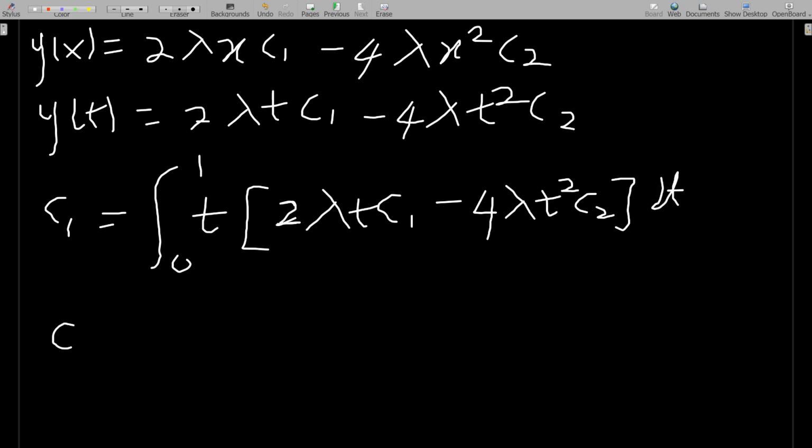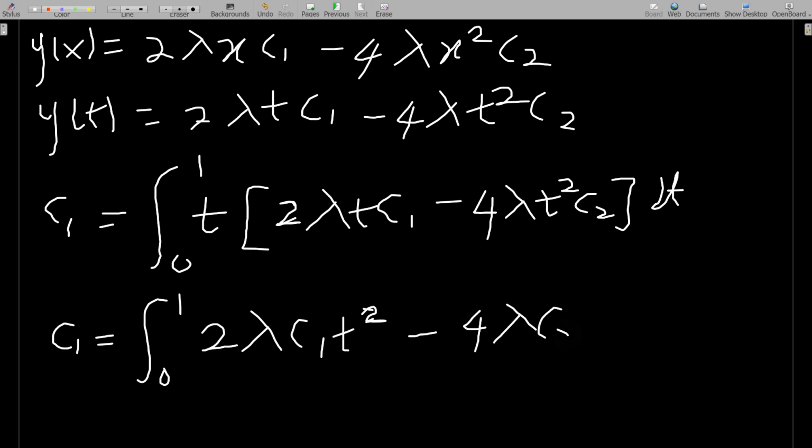So c1 is then equal to integral from 0 to 1 of 2 lambda c1, let me put all the constants out, then t squared, I hope you get this, then minus 4 lambda c2 t cubed, dt, right? So I have this. Then for c1, I'm integrating straight.